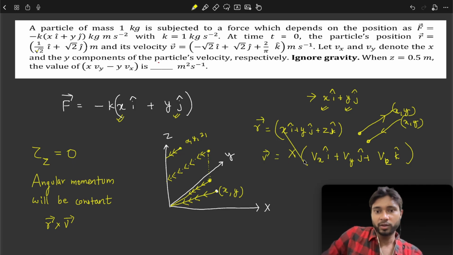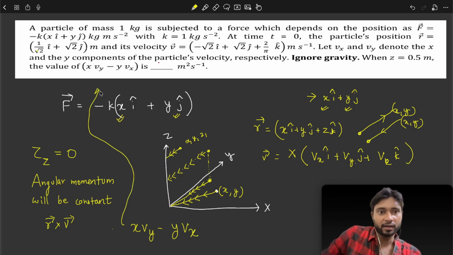So r cross v will be this. The z component of this will be x vy minus vx y. I hope everyone knows the cross product. So angular momentum in z direction will be x vy minus y vx, and this is exactly what we had to calculate.